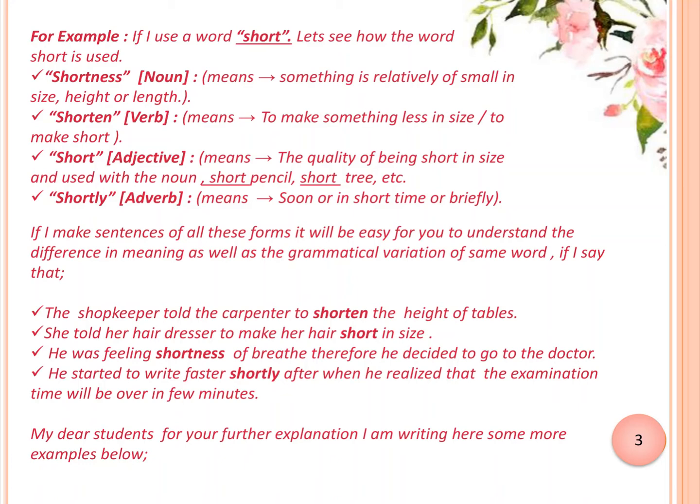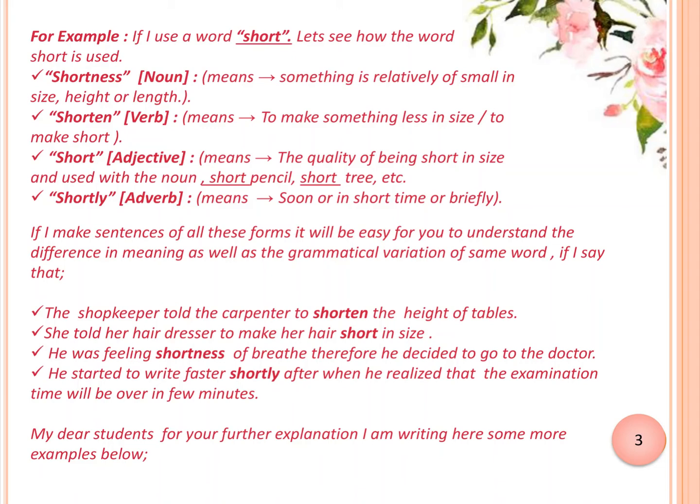Short, which itself is an adjective, means the quality of being short in size and is used with the noun. That is short pencil, short tree, etc. Where pencil and tree are nouns and short is describing them. Shortly, that is an adverb, means soon or in a short time or briefly.